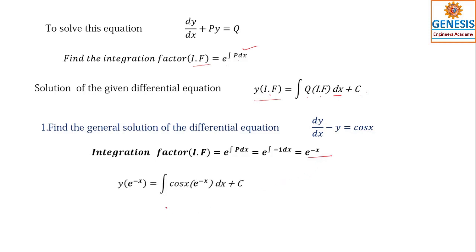Now the solution is this, and you have to perform this integration by taking I equal to integral cos x e to the power of minus x dx.